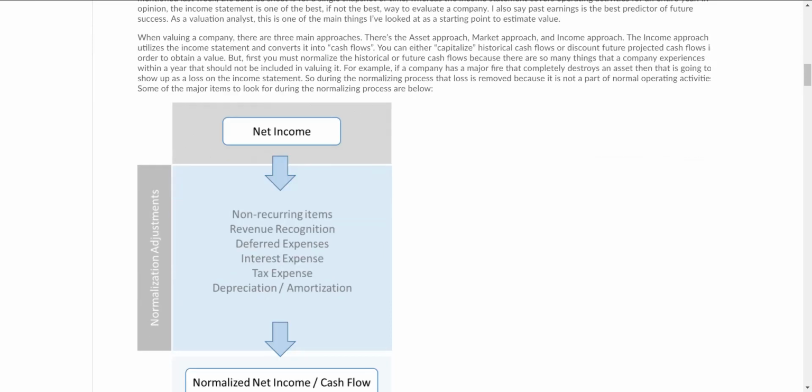This week we're going to be talking about normalizing net income. Next week we'll talk about normalizing cash flow. You can use one or the other. I prefer normalized cash flow, just because in my mind cash is king, and I don't really care what the income statement says. I want to know what cash is going to be flowing to me. But again, that's my personal preference.